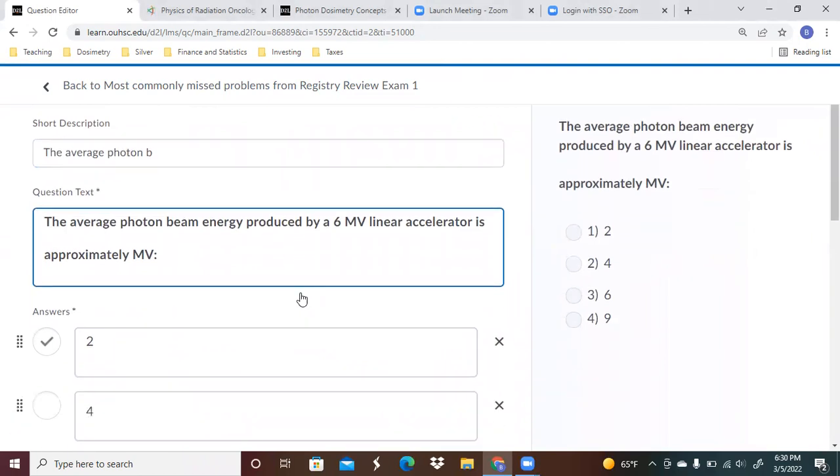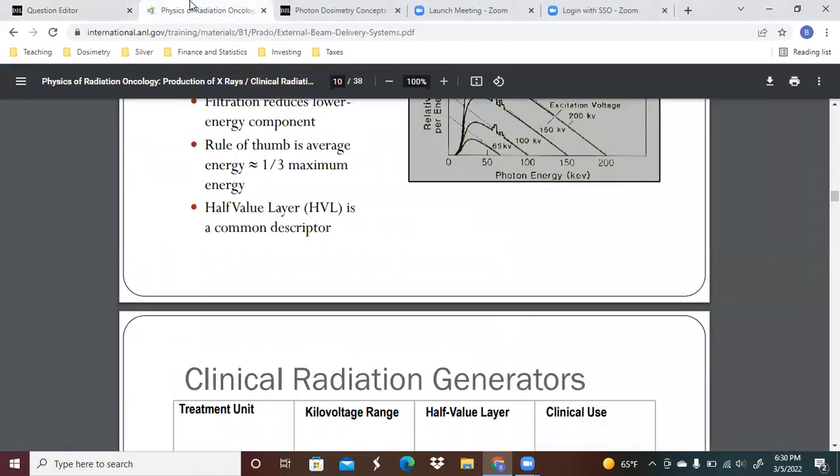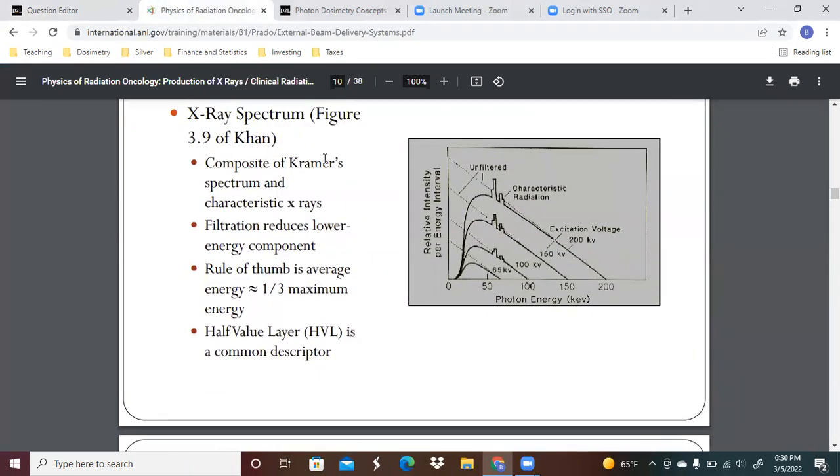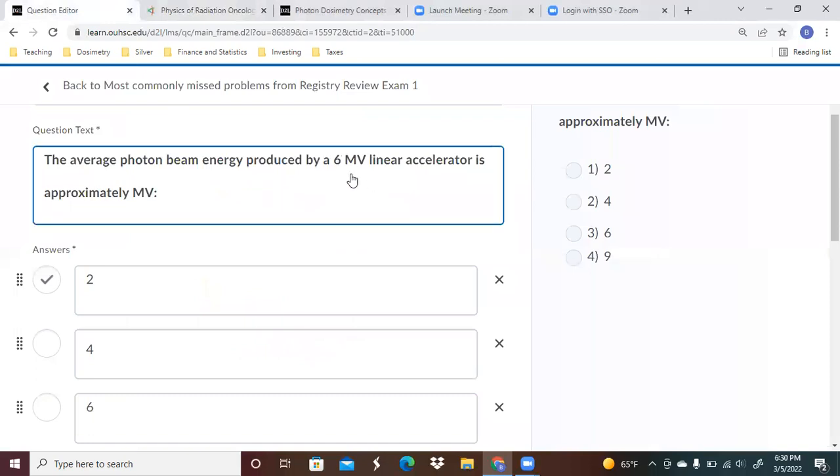The first one here: the average photon beam energy produced by a 6 MV linear accelerator is approximately what? If you look through some data, or other resources such as Khan, the rule of thumb is that the average energy is 1/3 of the maximum energy. What they are giving you here is, of course, the maximum energy.